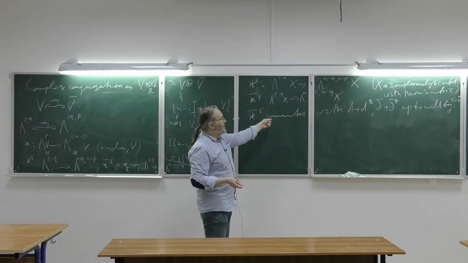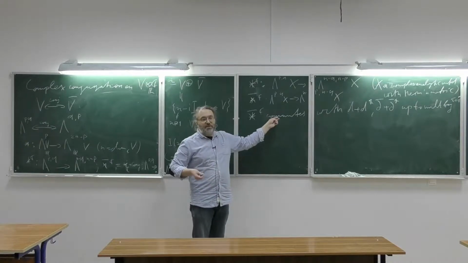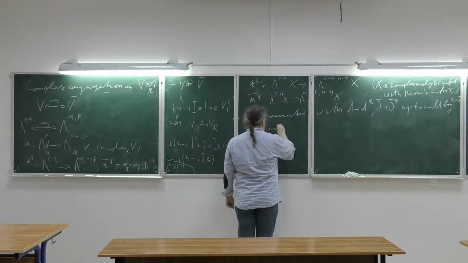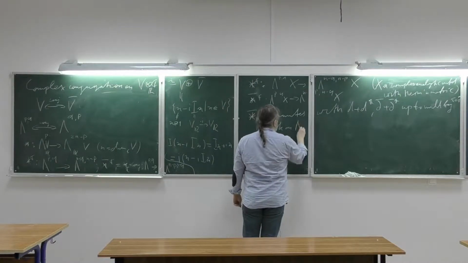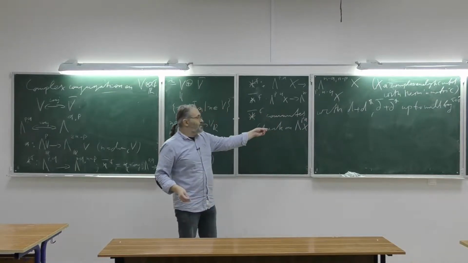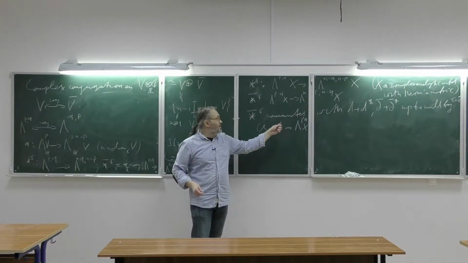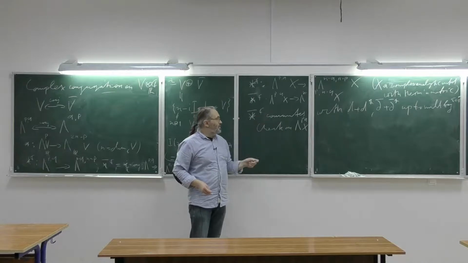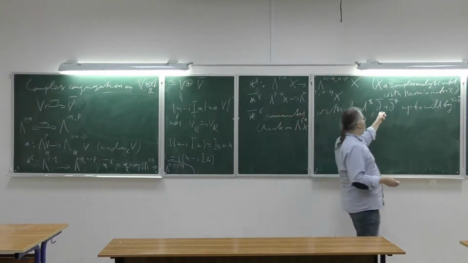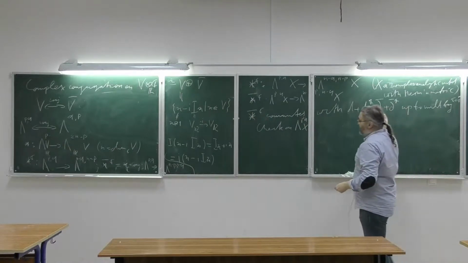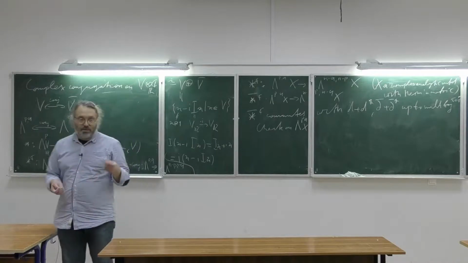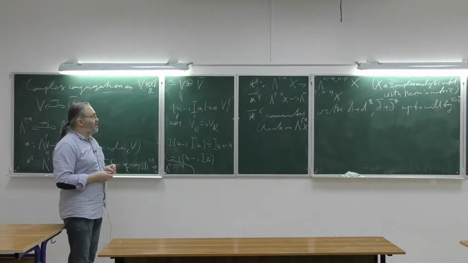Basically, by looking at what happens on every Lambda PQ, and by using this, we get the same statement for the Dolbeault operator.